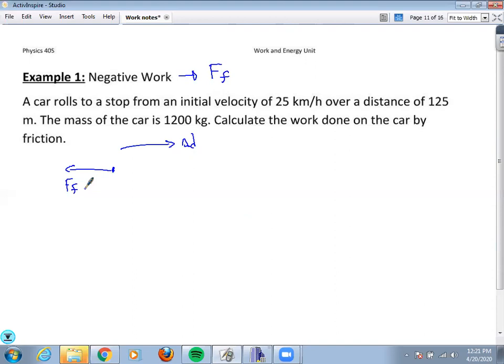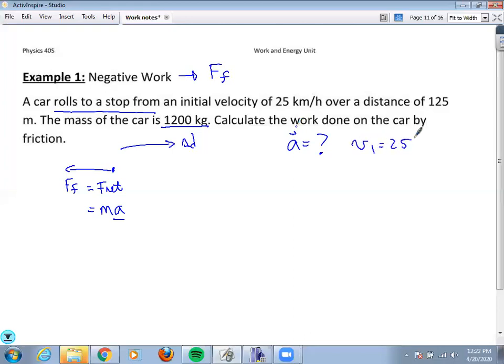So how are we going to find the force of friction? Well, if the only force acting on this object is friction because it's rolling to a stop, then force of friction must equal F net, which in this case would equal MA. And so we know the mass of the car, 1,200 kilograms. We don't know A. So if we find acceleration first with kinematics, then we'll be in business. Our unknown is acceleration.